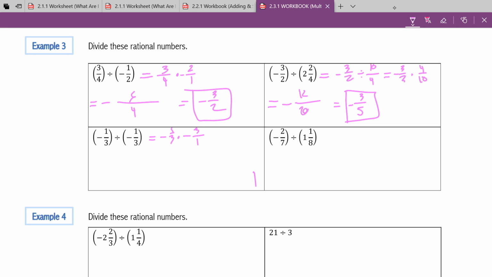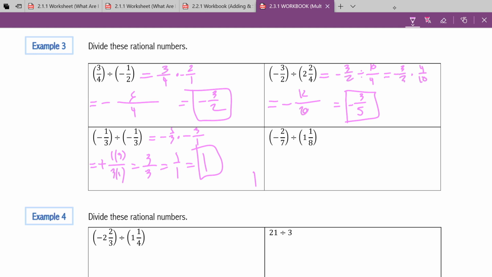All right? And bringing this home, negative times negative is positive. 1 times 3 on the top, 3 times 1 on the bottom, 3 over 3, 1 over 1, 1. All right? So our initial idea that anything divided by itself is 1 can save you time.